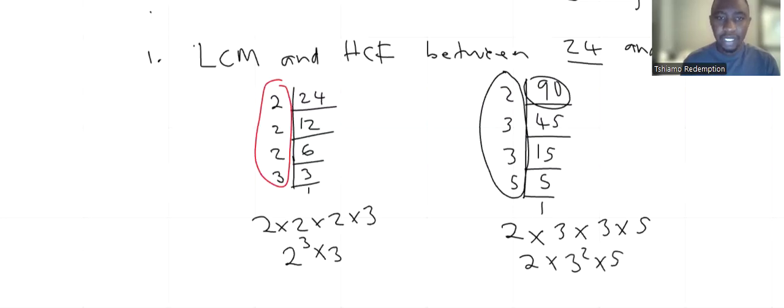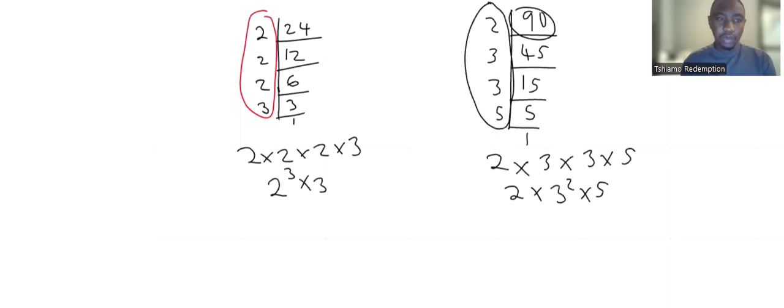Is that fine there? Now, this is where I'm going to find my lowest common multiple and highest common factor. Let me start with my highest common factor.